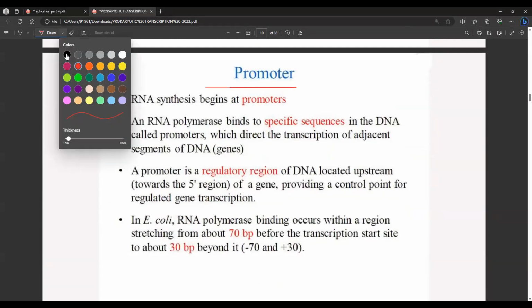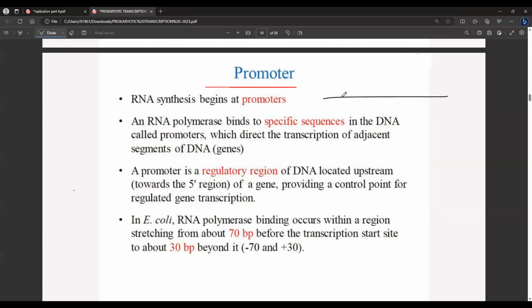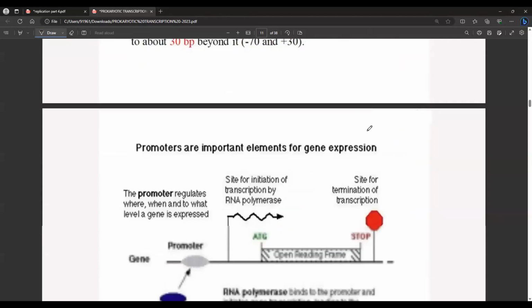A promoter is a group of nucleotide sequences which act as binding sites for the versatile enzyme RNA polymerase. RNA polymerase is the enzyme which will come and attach to specific sequences present in the DNA. That binding sequence we can call the promoter.